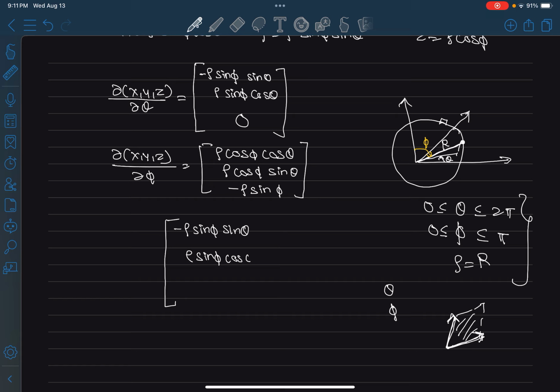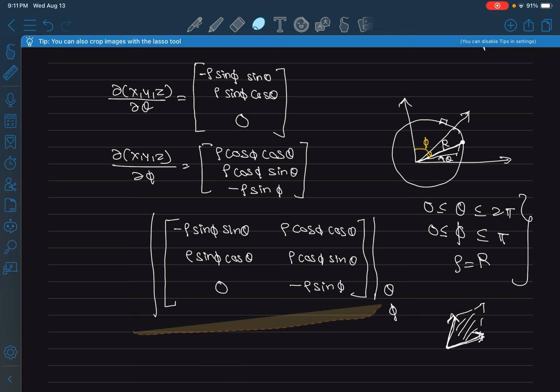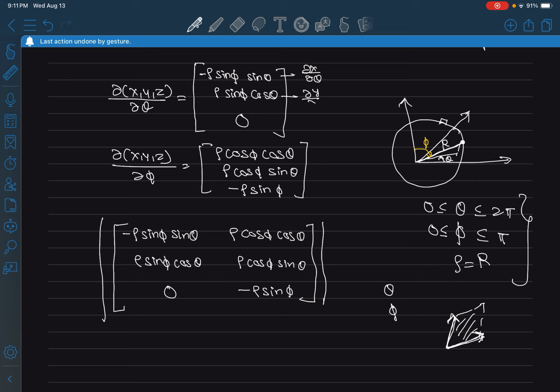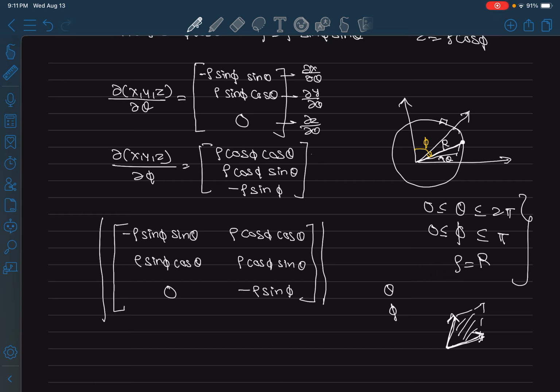Same thing, guys. Rho cos phi cos theta, rho cos phi sin theta, minus rho sin phi. Now this is the determinant, right? And as I've been saying, these are all rates, because this was dx by d theta, dy by d theta, dz by d theta, this was dx by d phi, dy by d phi, dz by d phi.